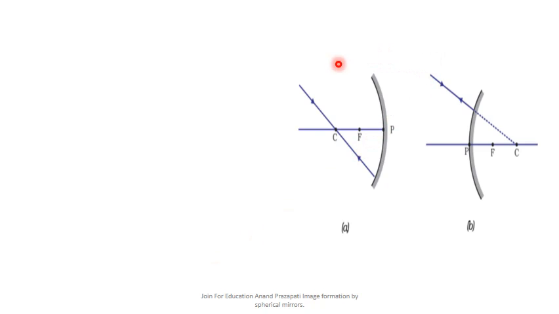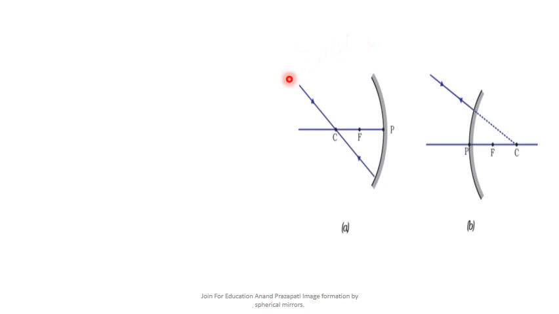Now consider these two figures. This one represents the concave mirror. This one represents the convex mirror. A ray passing through the center of curvature of the concave mirror, after the reflection, goes back along the same path. In case of the convex mirror, a ray directed in the direction of the center of curvature, after the reflection, goes back along the same path.